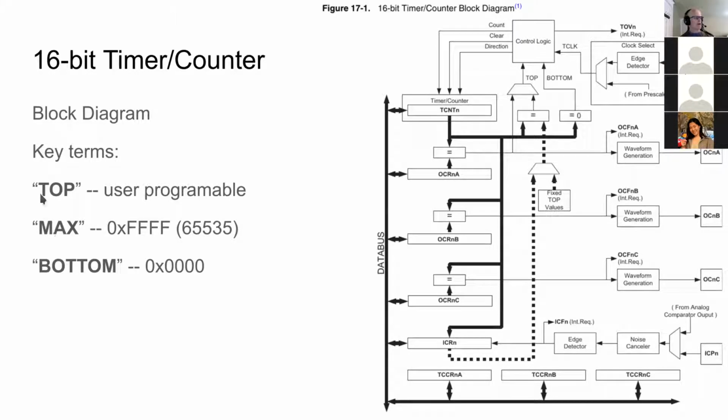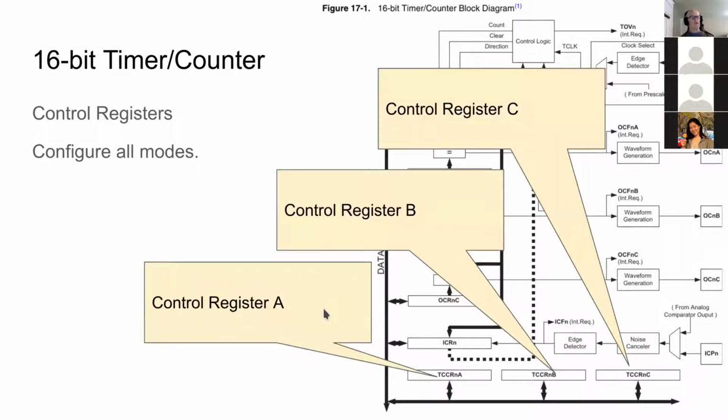And top is a number you can set that is somewhere between 0 and 65535. There are some fixed ones, or you can set one into one of these registers, and then it will compare the counter with this value called top. Okay, so they use those terms a lot.